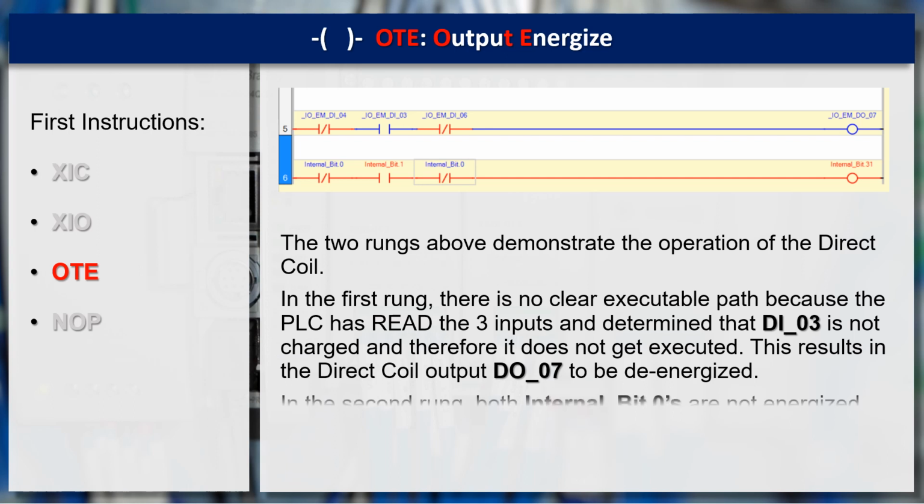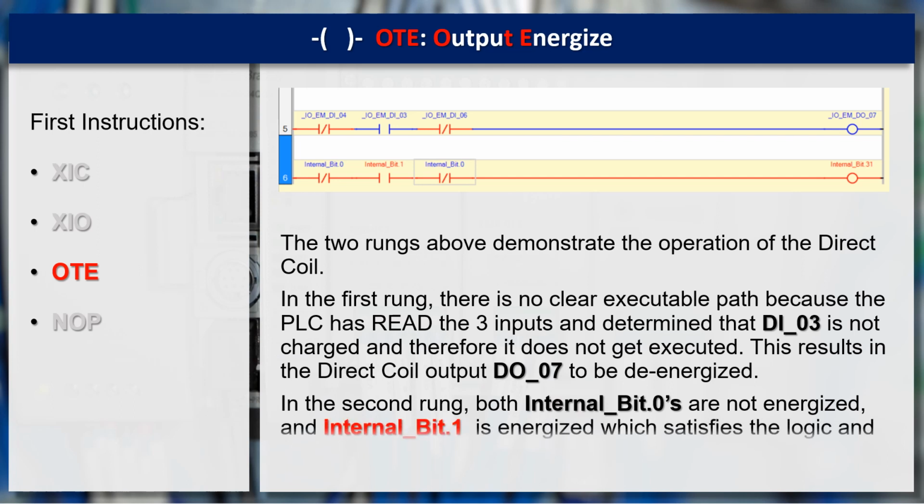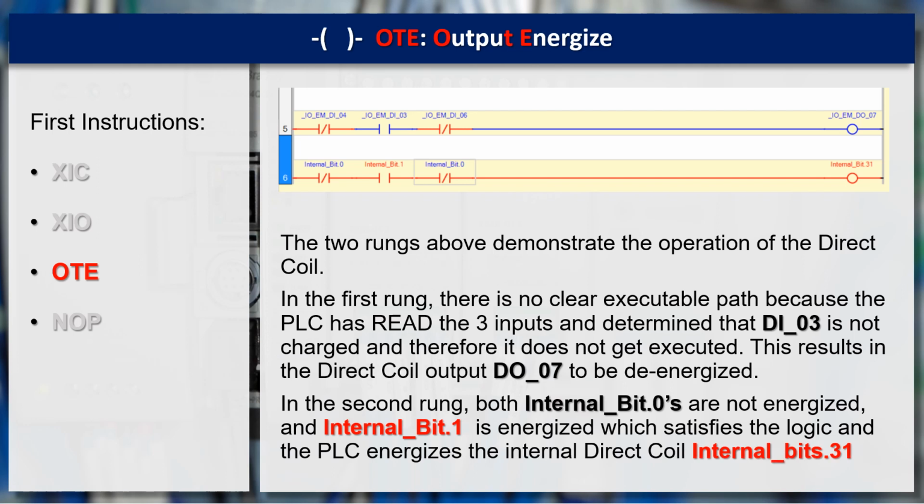In the second rung, both internal_bit.0 and internal_bit.1 are energized, which satisfies the logic, and the PLC energizes the internal direct coil internal_bits.31.